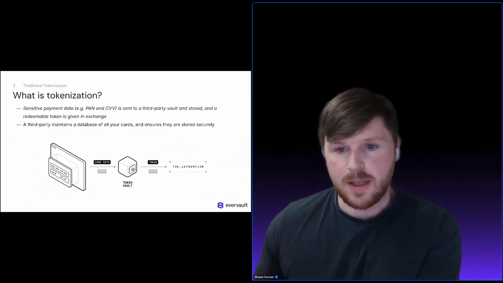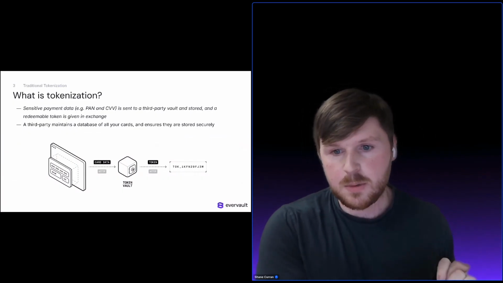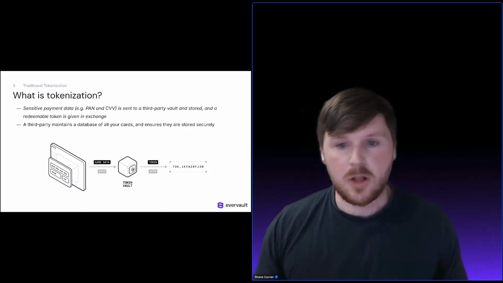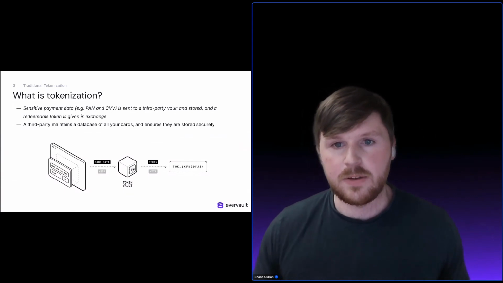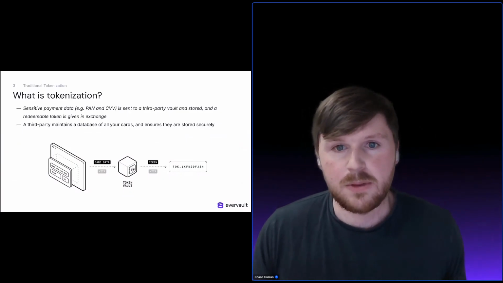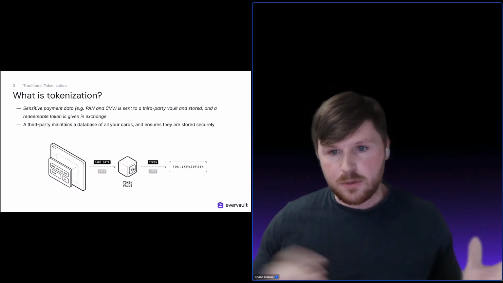And in exchange for them storing that data, you get back a redeemable token, which is typically a long random string, almost like a cloakroom ticket, where at any point in the future, you can send a request back to the vault to redeem that data and get access to the raw card information, or the raw sensitive data.